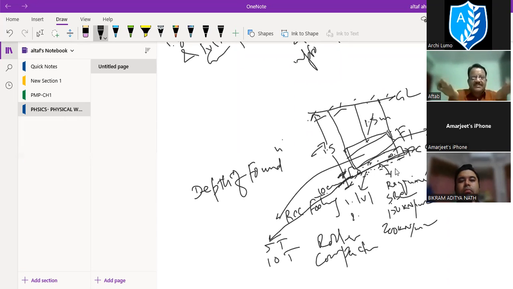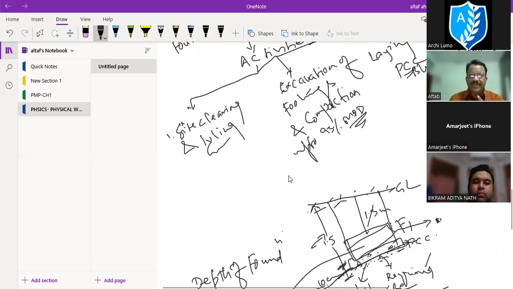It means it is a good, stabilized soil now, once we compact it up to 95% MDD. Though it is not concerned with you, I explained on your query.